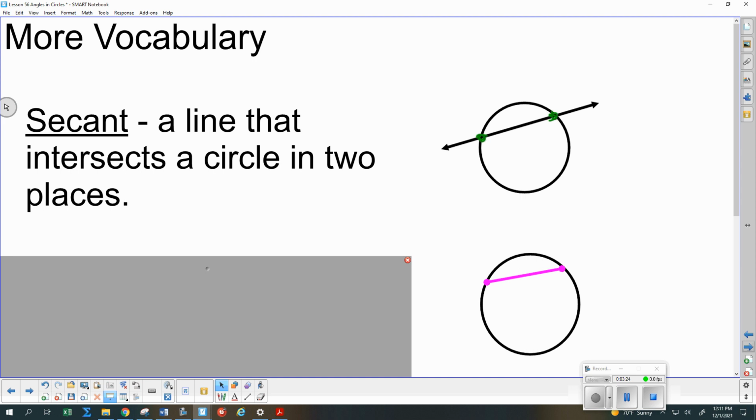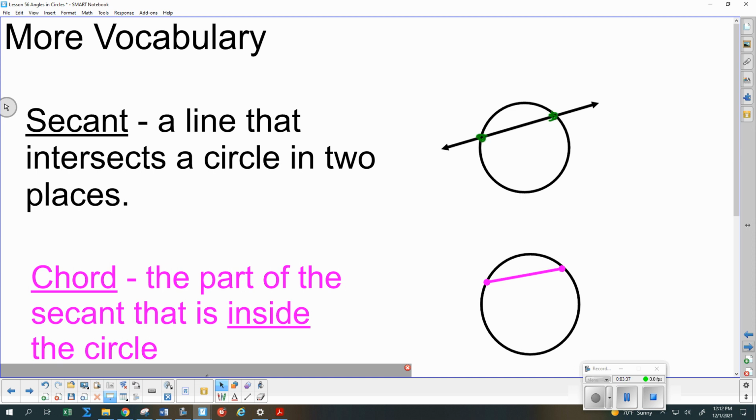Technically, a secant is a line, so it is going forever in both directions. Oftentimes, we want to talk about just the part of that secant line that is inside the circle. And so that would be what we call a chord, spelled with an H, just like a musical chord. And that just means it has endpoints that are on the circle.